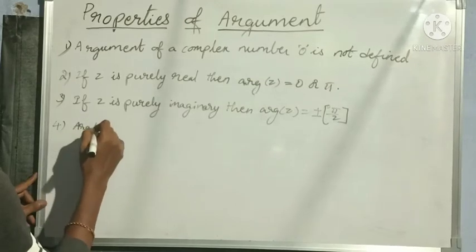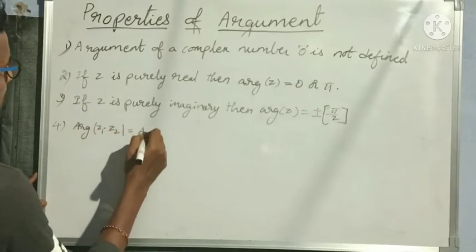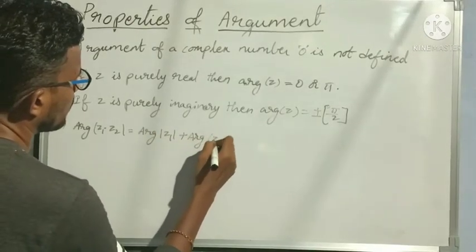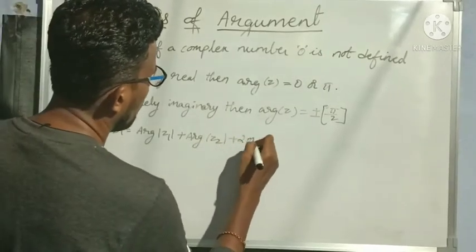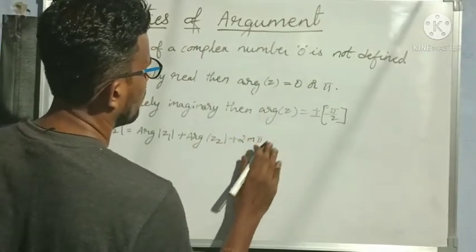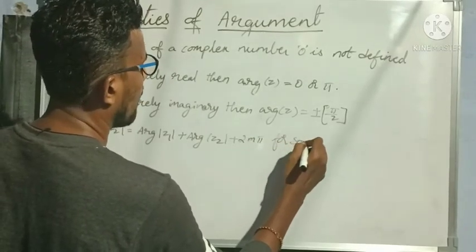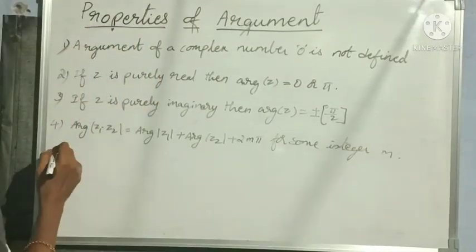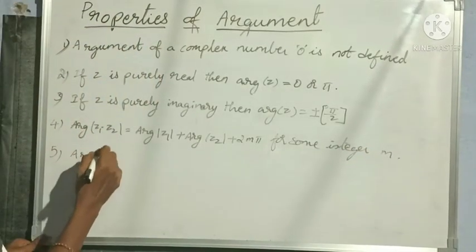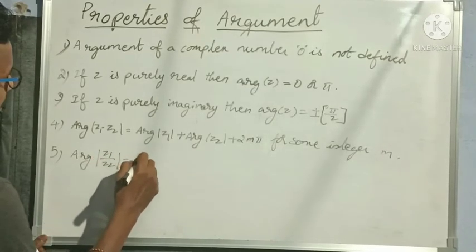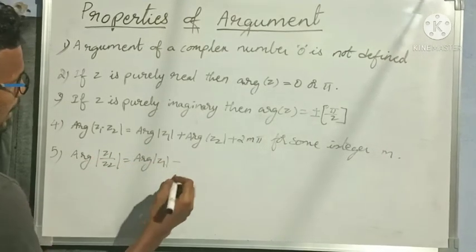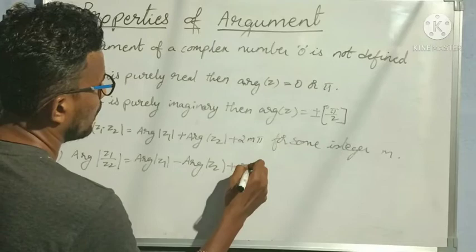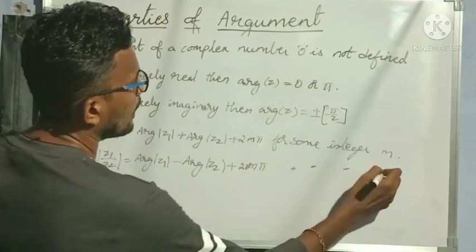Next, fourth property: argument of Z1 into Z2 is equal to argument of Z1 plus argument of Z2 plus 2m pi for some integer m. Same, fifth property: argument of Z1 by Z2 is equal to argument of Z1 minus argument of Z2 plus 2m pi for some integer m.